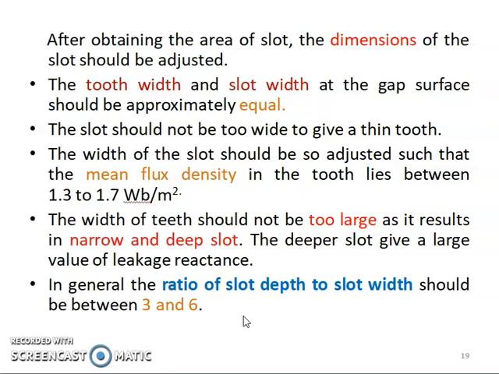If the designer chooses a higher number of slots, what are the advantages? When the designer chooses a large number of slots, tooth pulsation loss and noise in the machine decrease, and an increase in the number of slots reduces leakage flux, and reduction in leakage flux will reduce leakage reactance and hence overload capacity increases. These are the advantages.